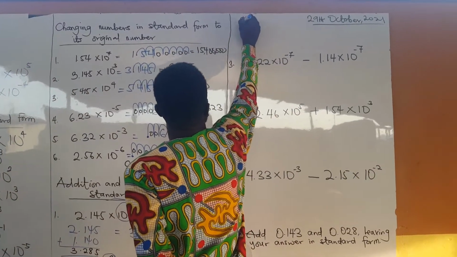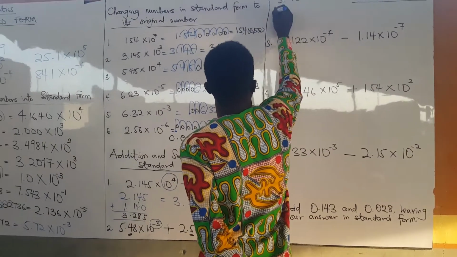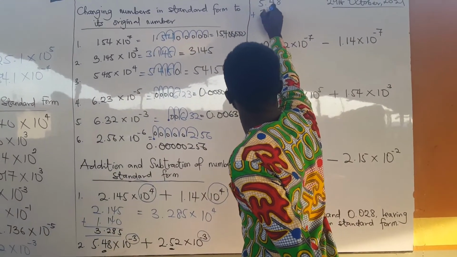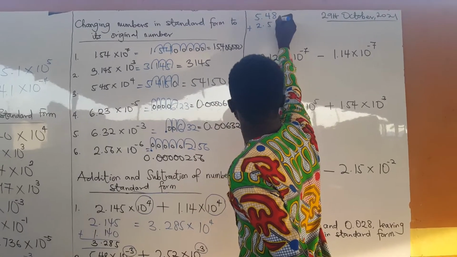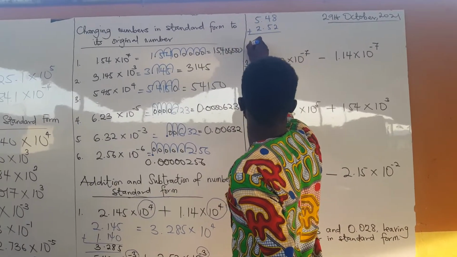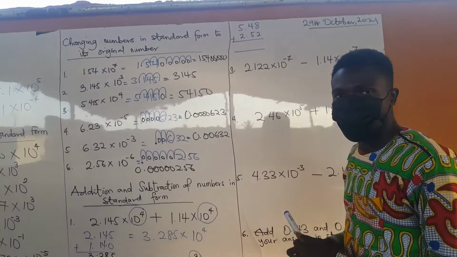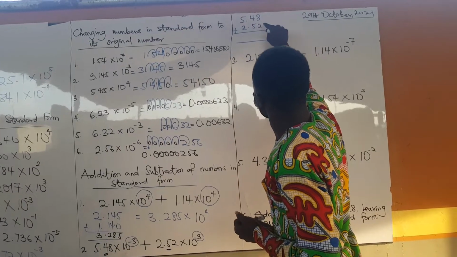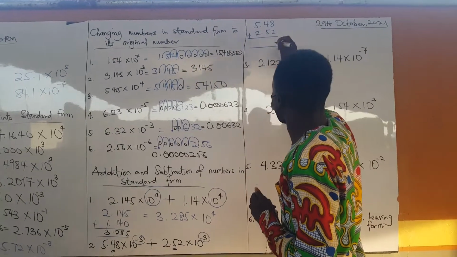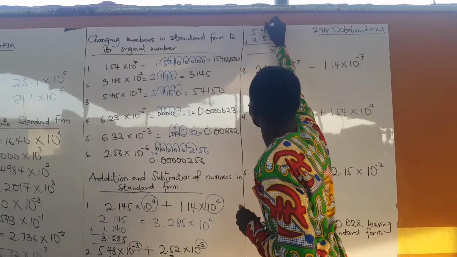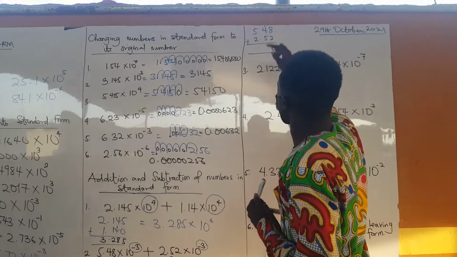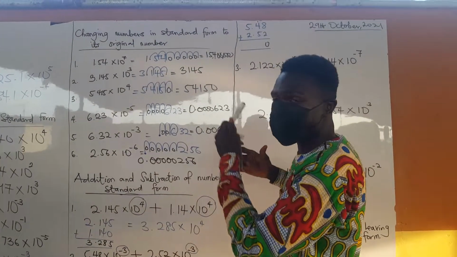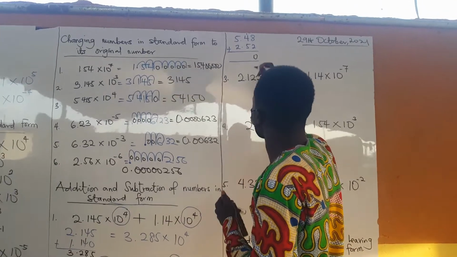So we have 5.48 plus 2.52. Let's do the addition and see. 8 plus 2 is going to give us 10, so we record 0, remainder 1. 4 plus 5 is going to give us 9, plus the remainder gives us 10.